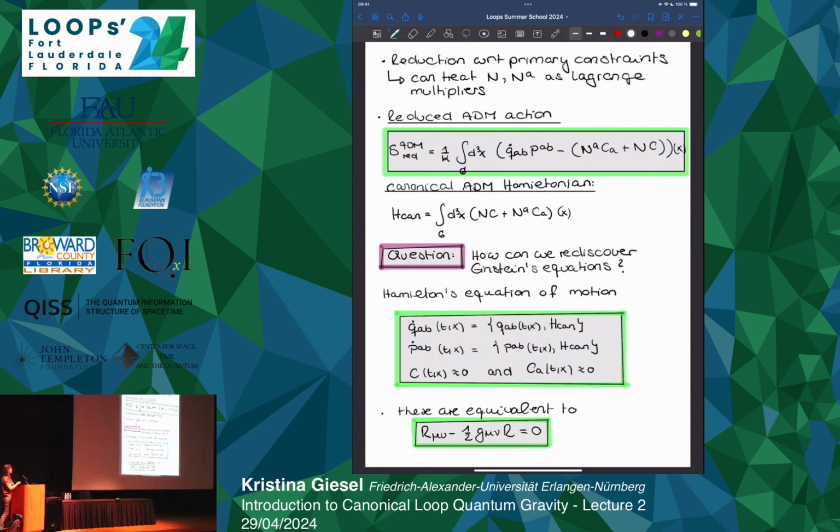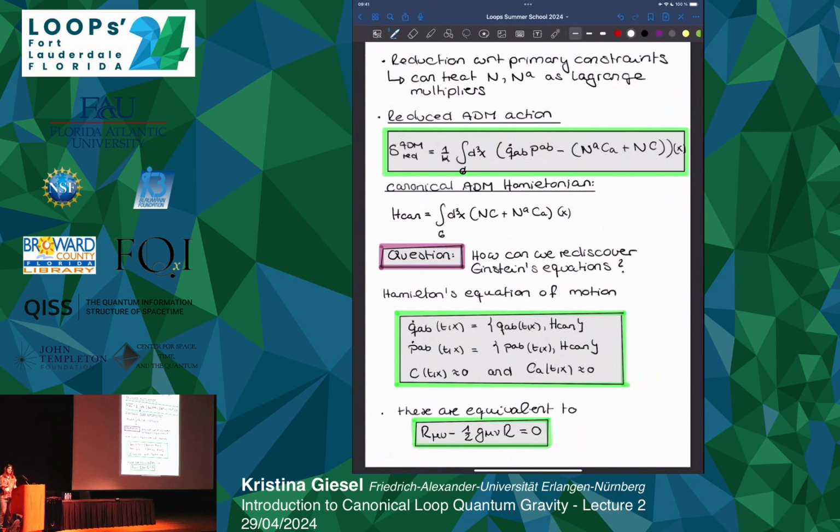So you can trivially pull them out of the Poisson bracket of PAB and QAB. Then the so-called canonical Hamiltonian no longer includes the primary constraints, but is just written as a linear combination of the Hamiltonian and the diffeomorphism constraint.